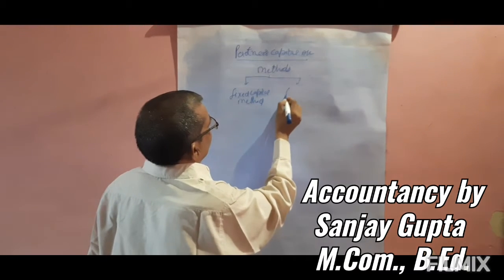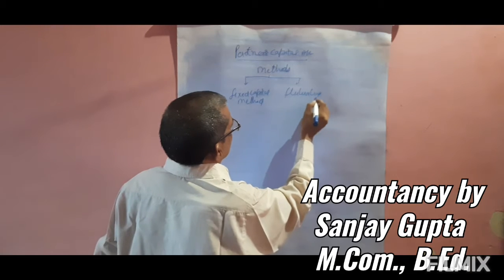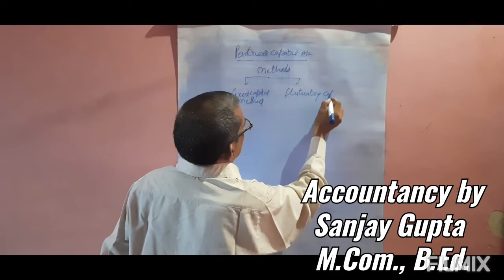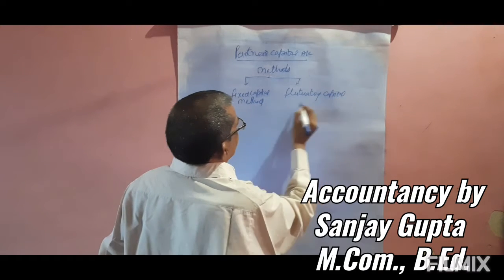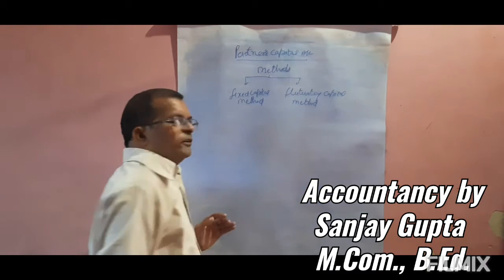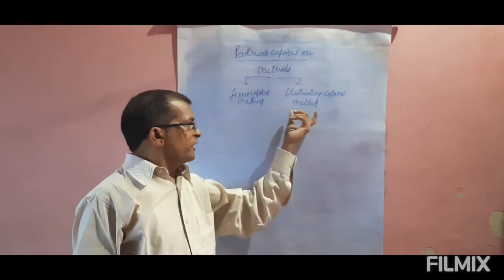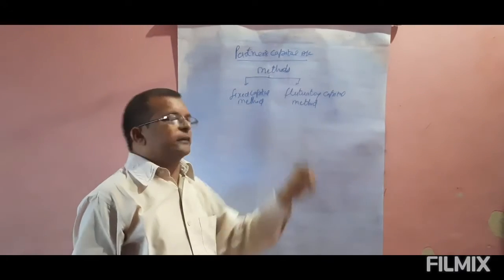Second is the fluctuating capital method.